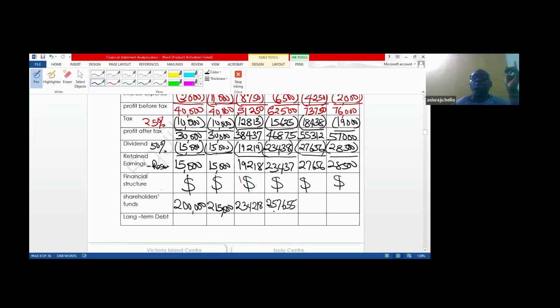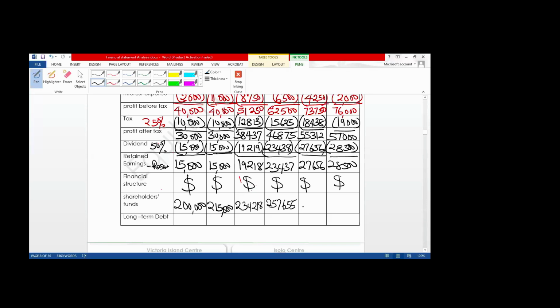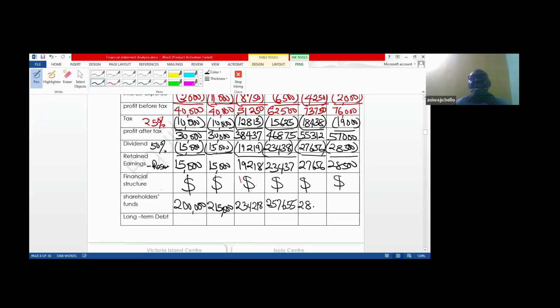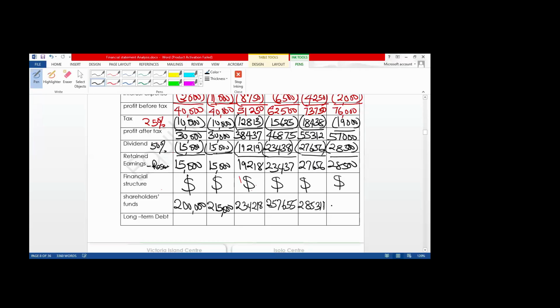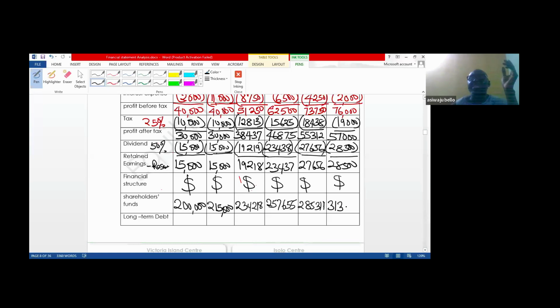27,656 plus 257,655 gives 285,311. And for the final year, 28,500 plus closing shareholders' fund in year 4 gives 313,811.